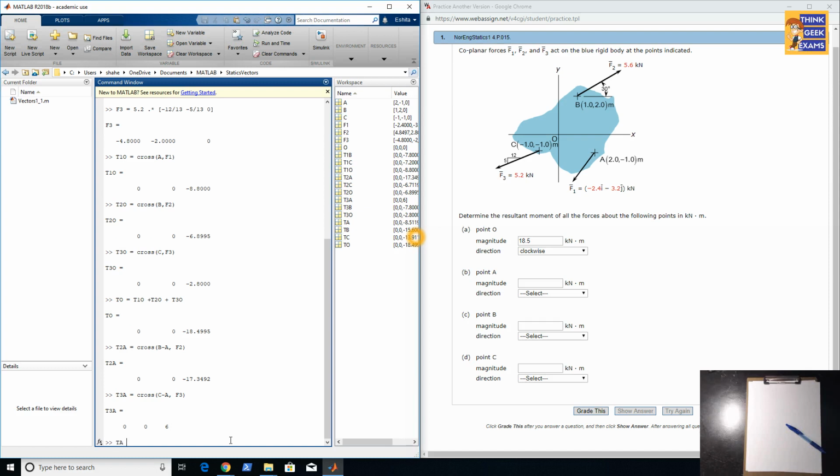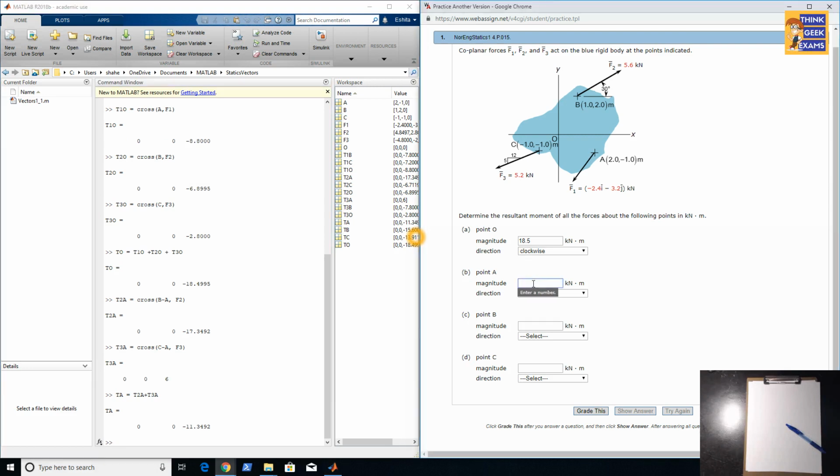Now TA equals T2A plus T3A, and that is 11.35 in the clockwise direction.